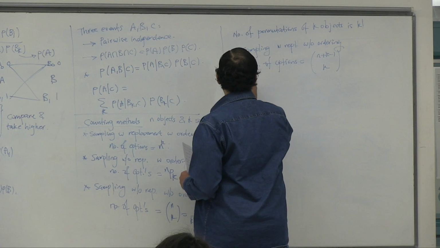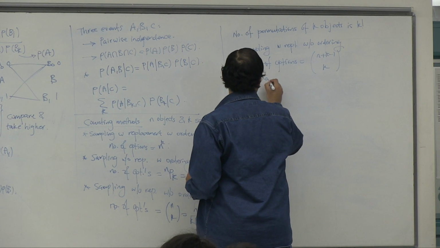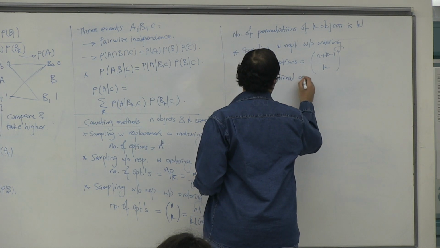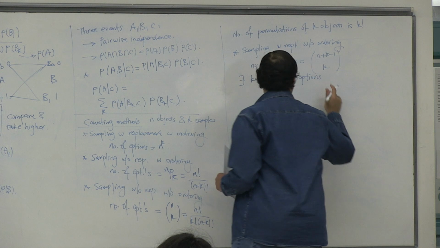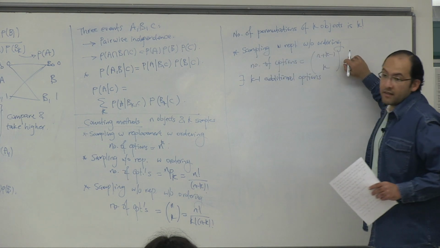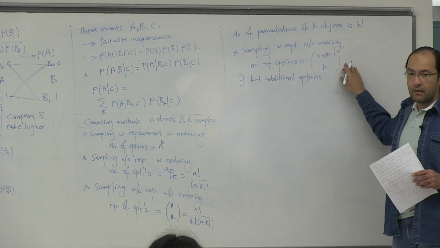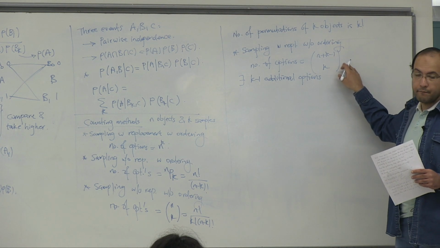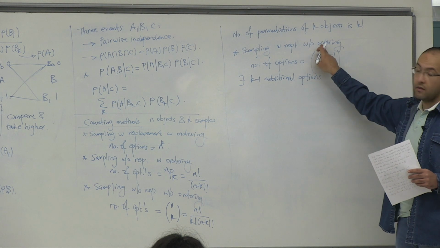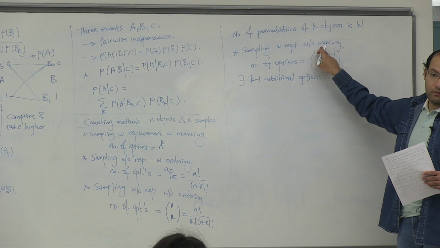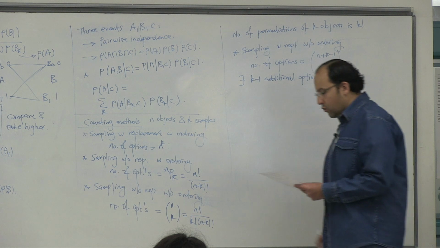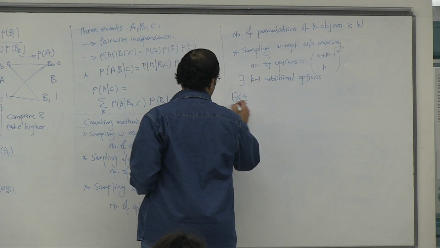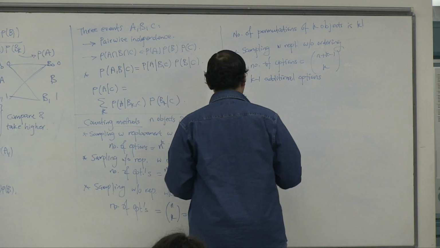So there exist k minus 1 additional options. But before that, why can't we get this through permutation? Because ordering doesn't matter. Okay? Let's do an example that really fits into this and could help us see how it works.